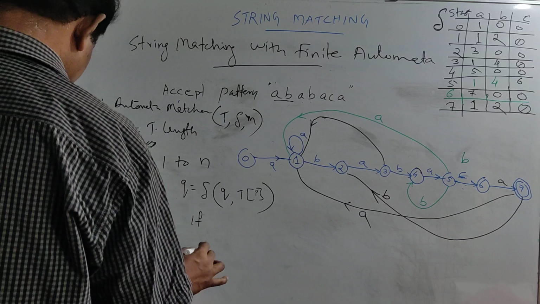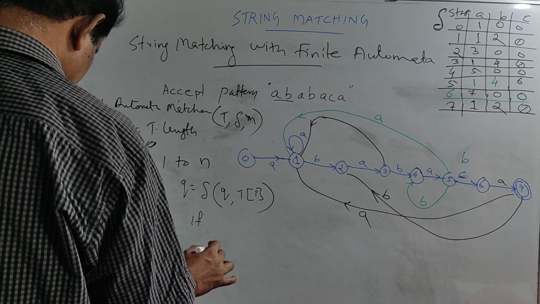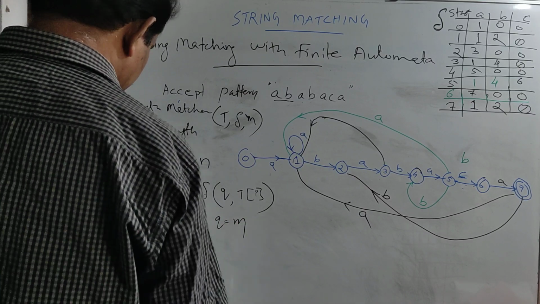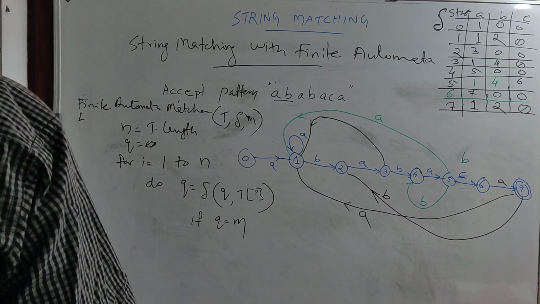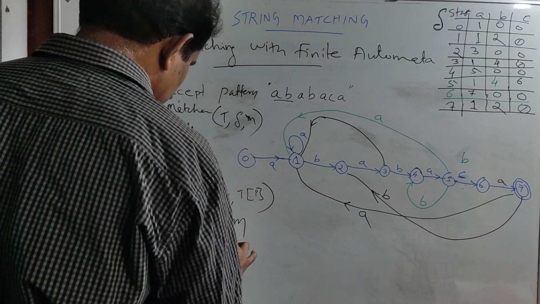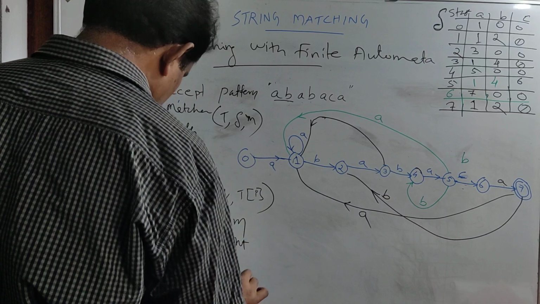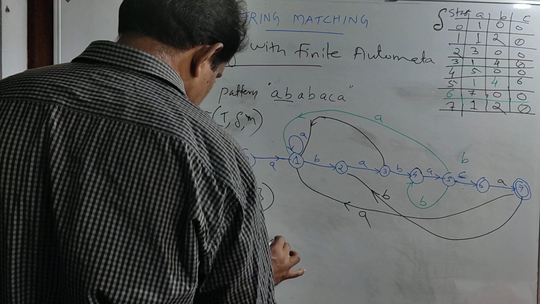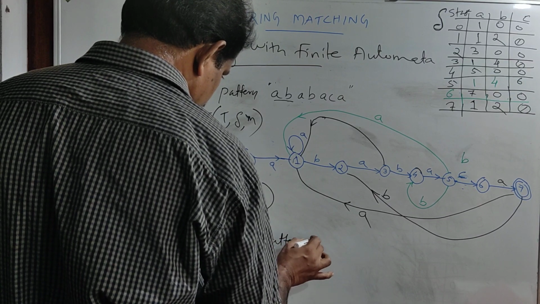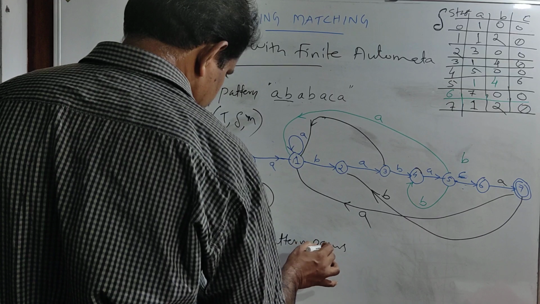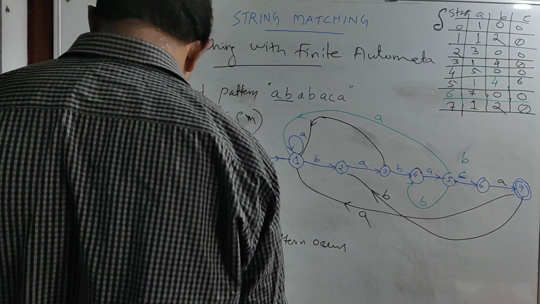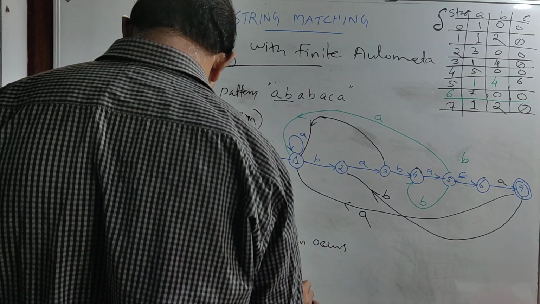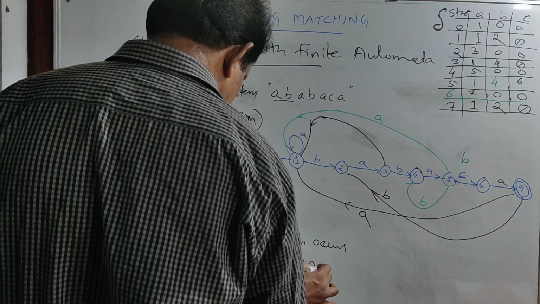If q is equal to m, print the pattern occurs at i minus m shift.